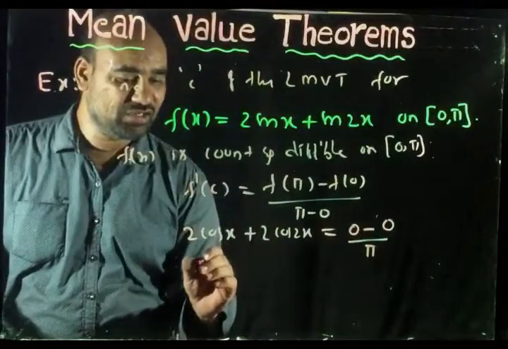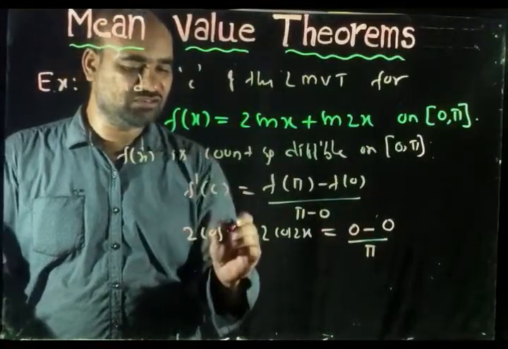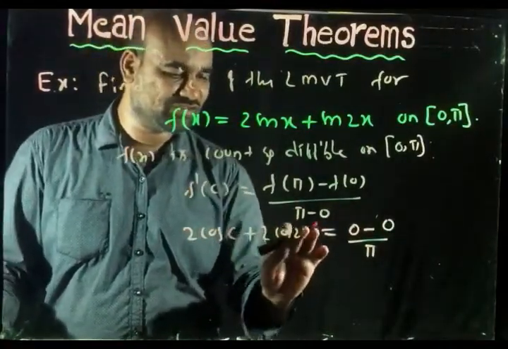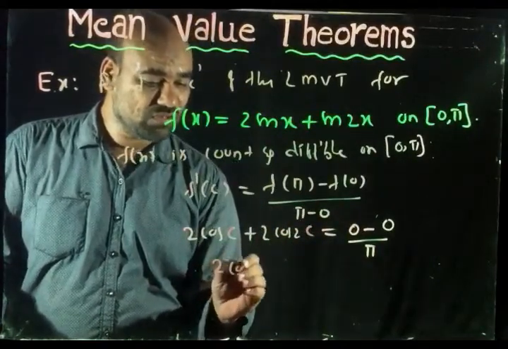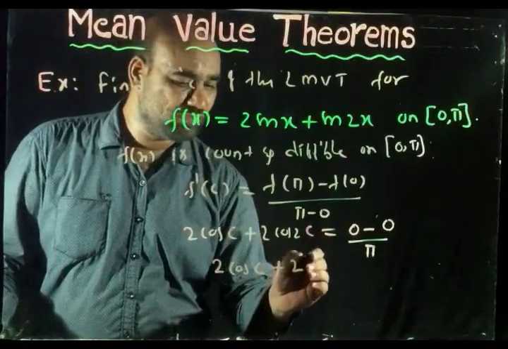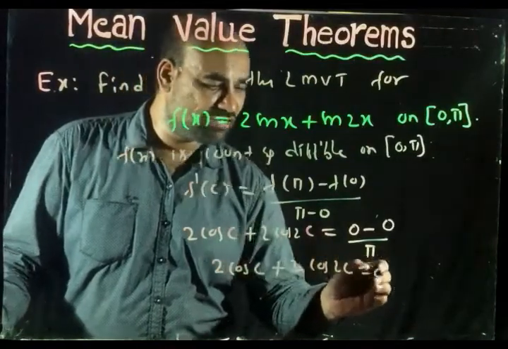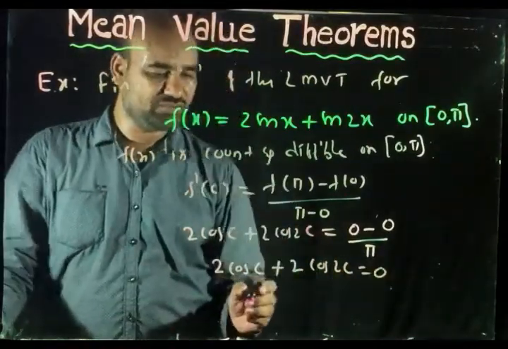We need to write C instead of x, no problem. So 2 cos C plus 2 cos 2C equal to 0, such a C we should find.